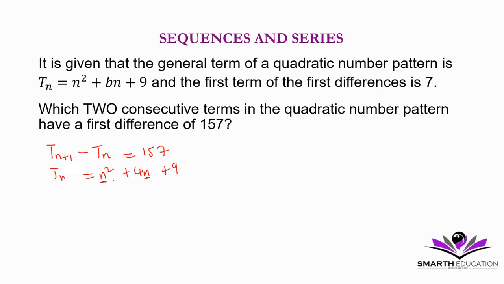So let's start with Tn plus 1. Where there's n, we put n plus 1. It's going to be (n plus 1) squared plus 4(n plus 1) plus 9. We have substituted n plus 1 and then minus Tn. Then minus, put your Tn in the brackets. So it's n squared plus 4n plus 9, is equal to 157.